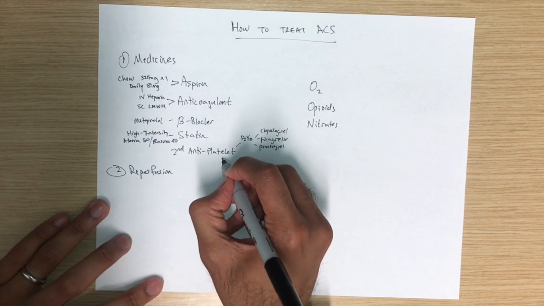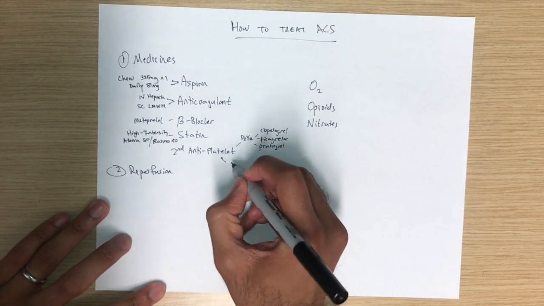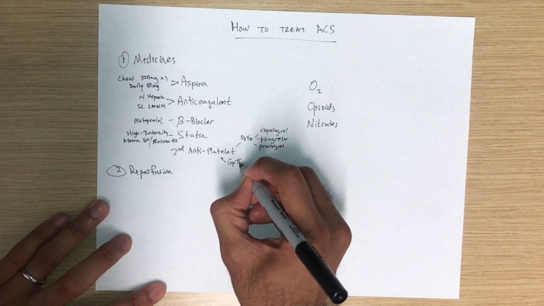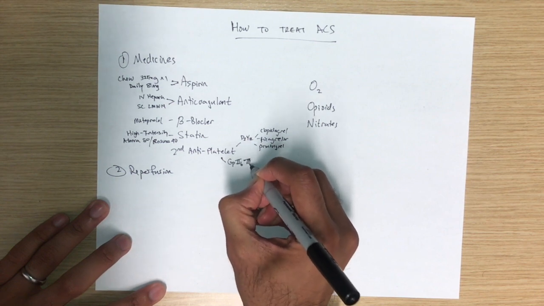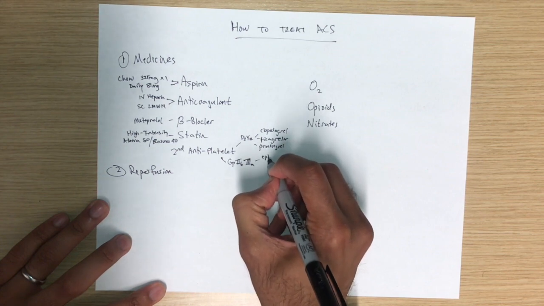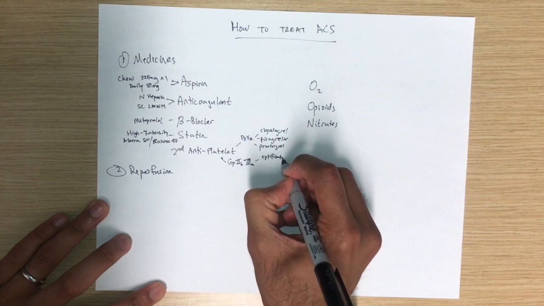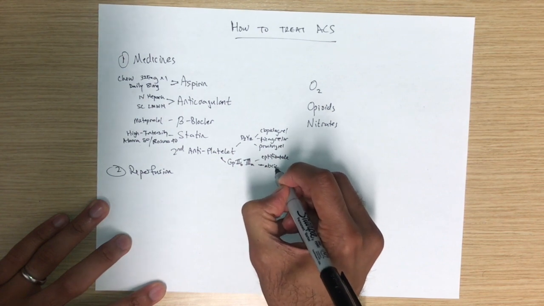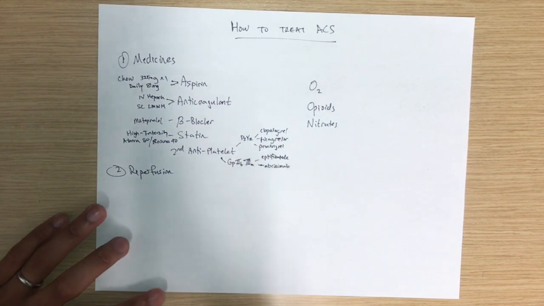The other thing that sometimes gets used in the cath lab is a glycoprotein 2B3A inhibitor, and that's going to be something like eptifibatide or abciximab. You might see these used in the cath lab.